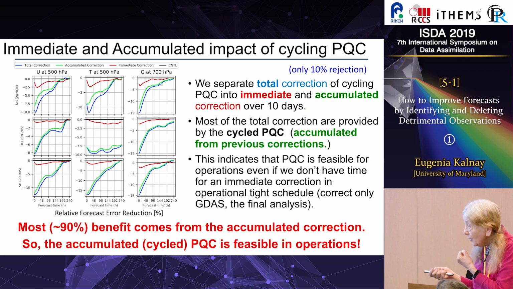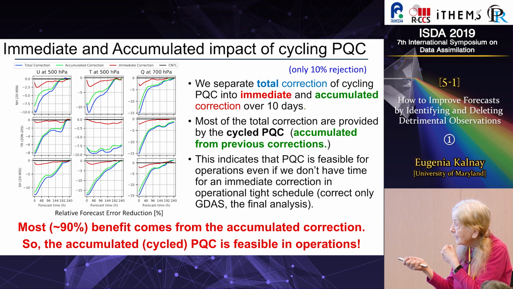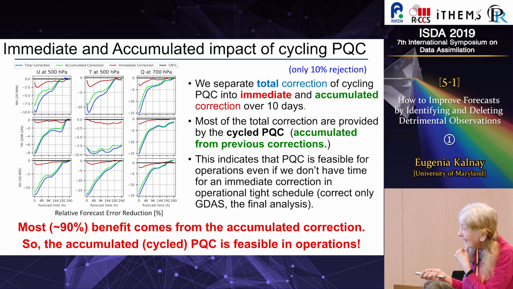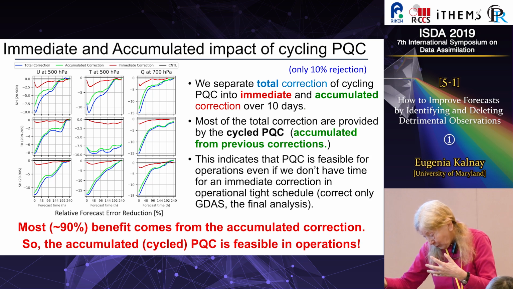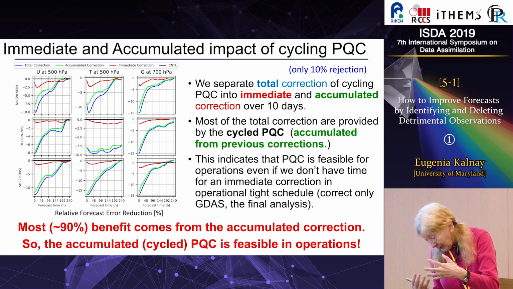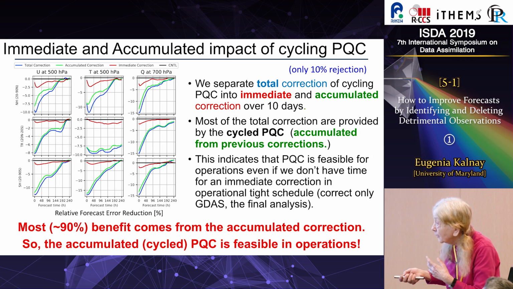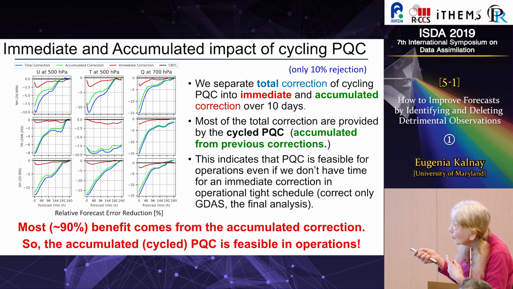So the accumulated cycle PQC can be done even without using the latest correction. So this indicates that we don't need to wait for the 6-hour new observations to come to apply it, because that will only add this top small correction.